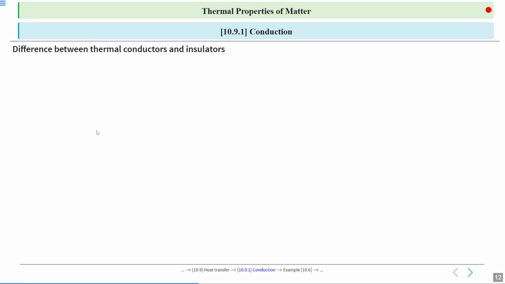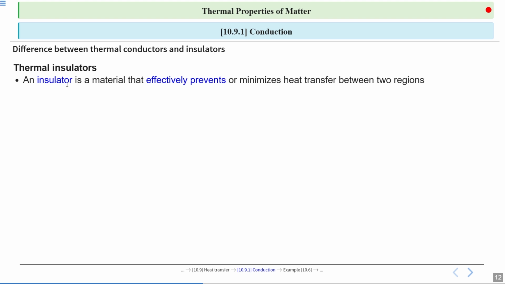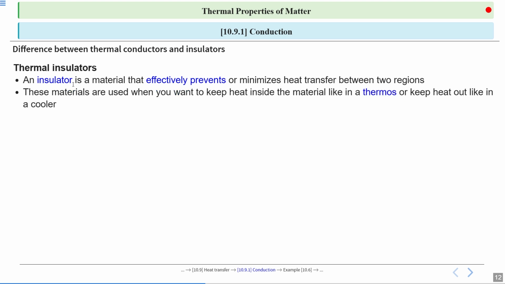Second is thermal insulators. An insulator is a material that effectively prevents or minimizes heat transfer between two regions. It means insulators resist the transfer of heat. These materials are used when you want to keep heat inside, like in a thermos, or keep heat out, like in a cooler. These types of materials are known as insulators.